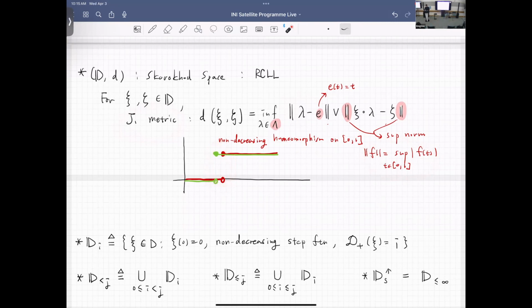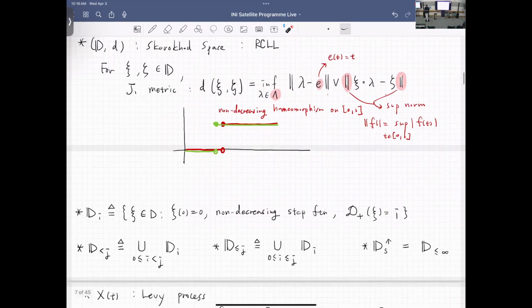In this sense, it's not as fine as the supremum norm. Some things that are close in this J1 sense may actually be far from each other in supremum distance. But you will see that in heavy tail cases, the supremum norm is not very useful because there were jumps. You want to consider these things close.